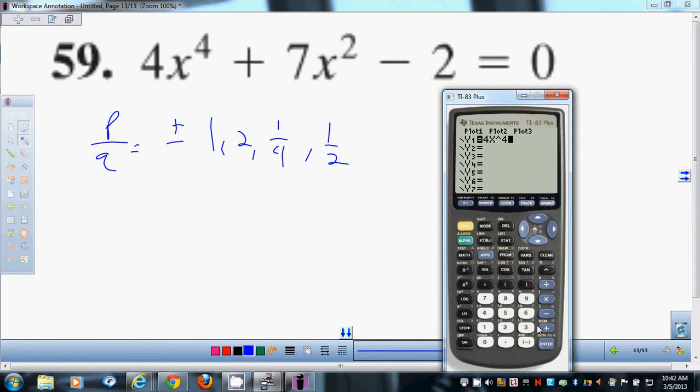So I'm looking for my zeros. I hit 2. Let me just actually click it. My zeros. Left bound. I guess we'll look for this one first. So go to the left of it, hit enter. Go to the right of it, hit enter, skip. What's that say? -1/2? You could do the same thing, or just use the fact that it's an even function to know that if -1/2 works, then +1/2 works.